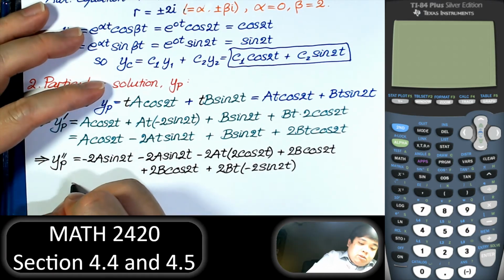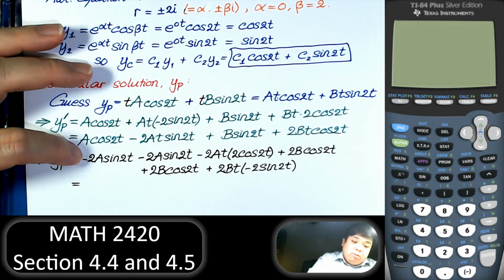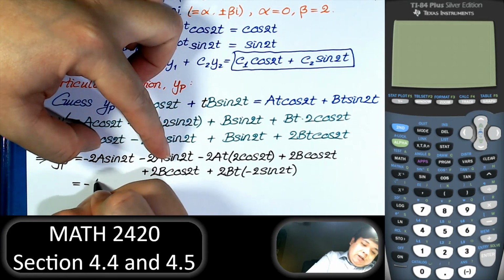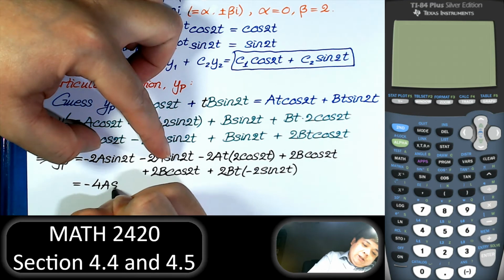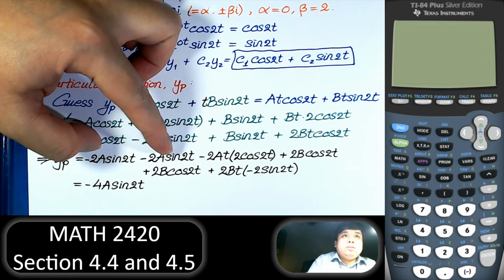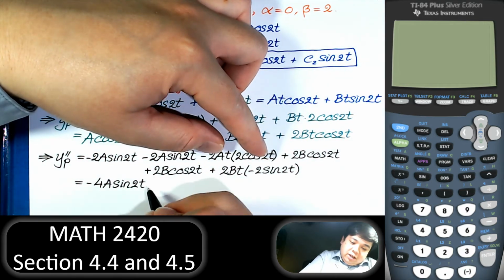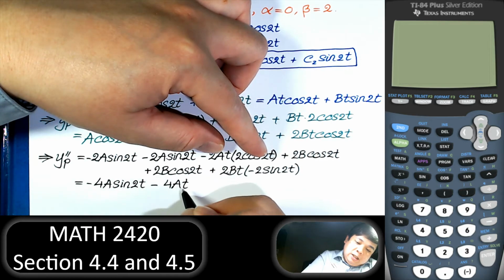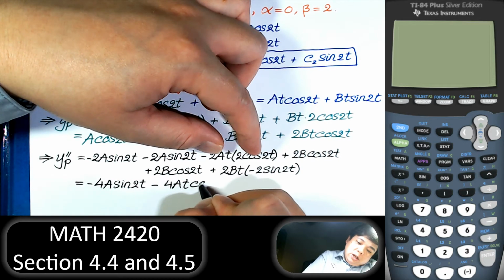Right, combine like terms. And we do have some like terms here, namely the first two. Negative 4a sine of 2t, this gives us negative 4at cosine 2t.